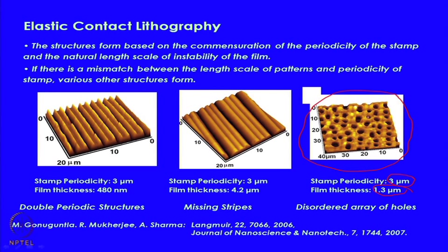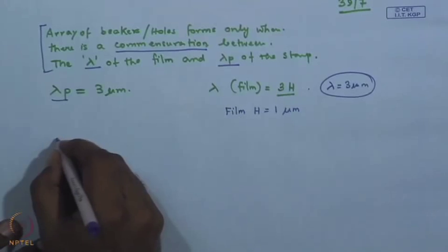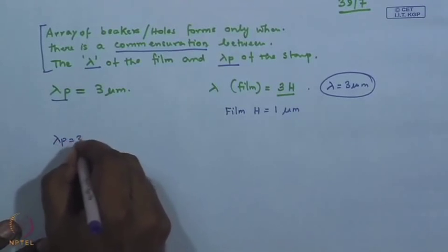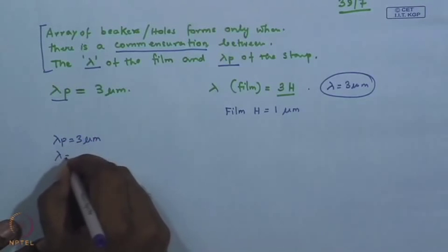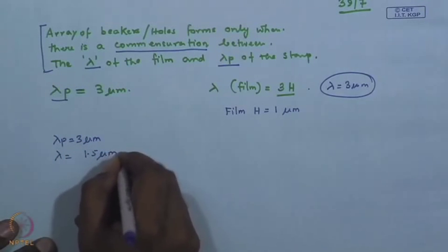However, if there is a significant difference between lambda and lambda p, for example, here the film thickness is 500 nanometer and the periodicity lambda p is 3 micron. So, in this case lambda p is 3 micron and lambda equals 1.5 micron. So, it is roughly half.